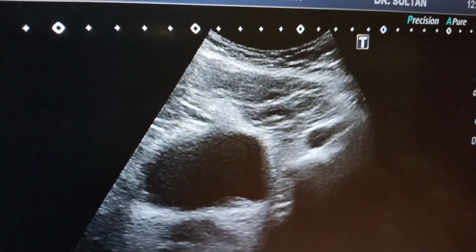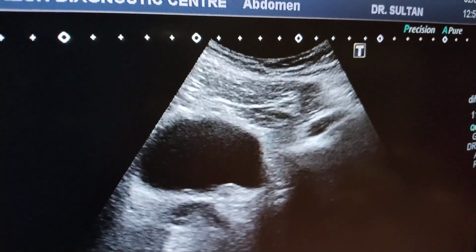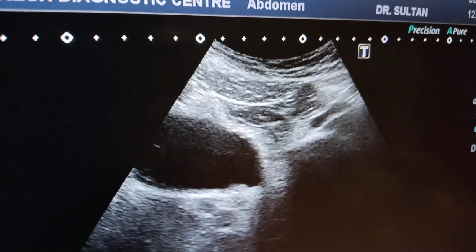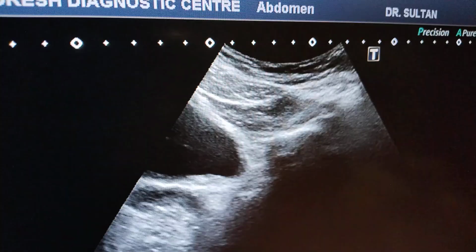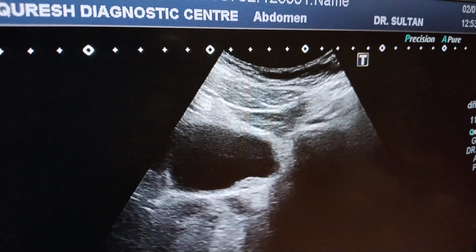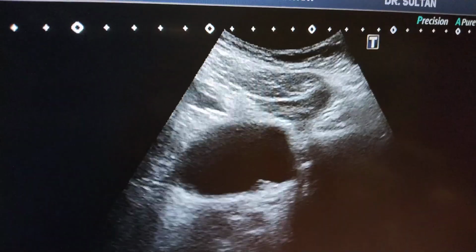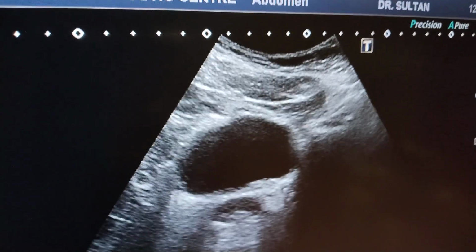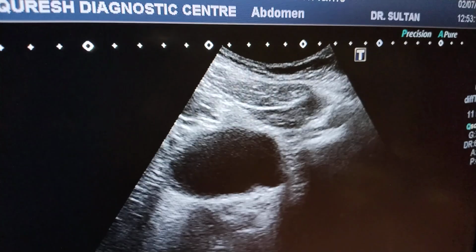Again, I am going to show you because I am using both hands here. If we closely observe, we can see that the bladder is not optimally filled.